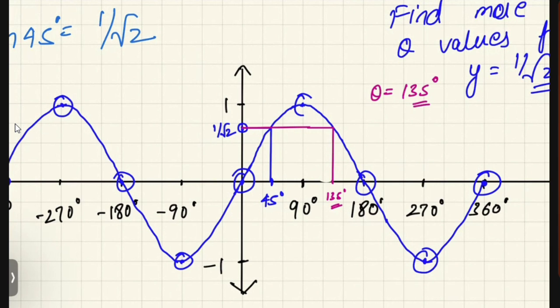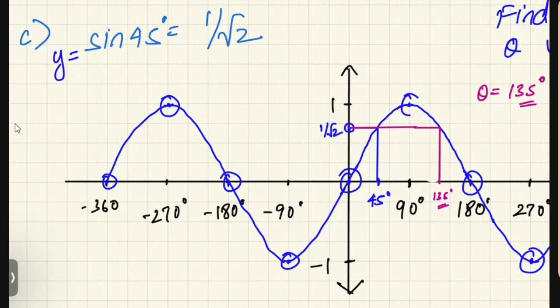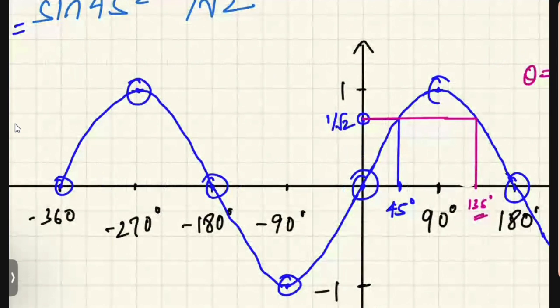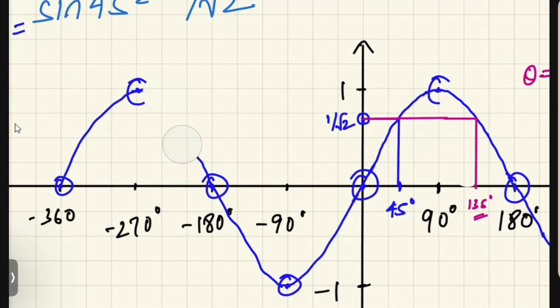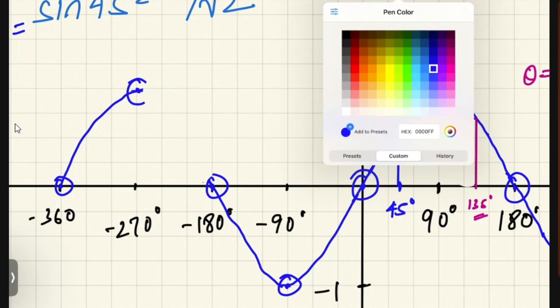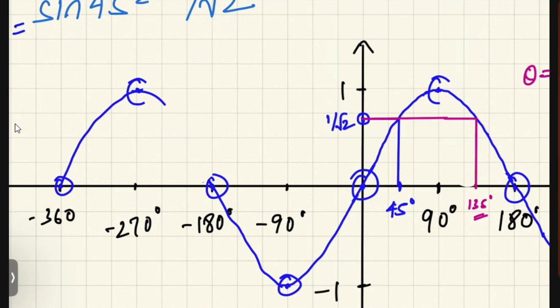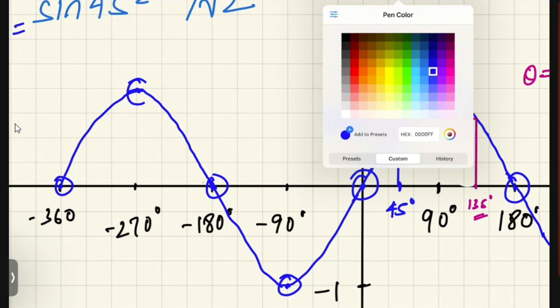Try the value on the left. You will get two values on the left. That's what I'm doing. Minus 225, is that one? Yes, you're right.